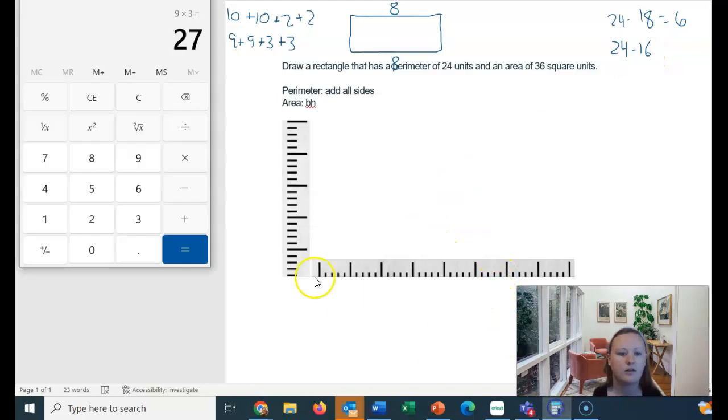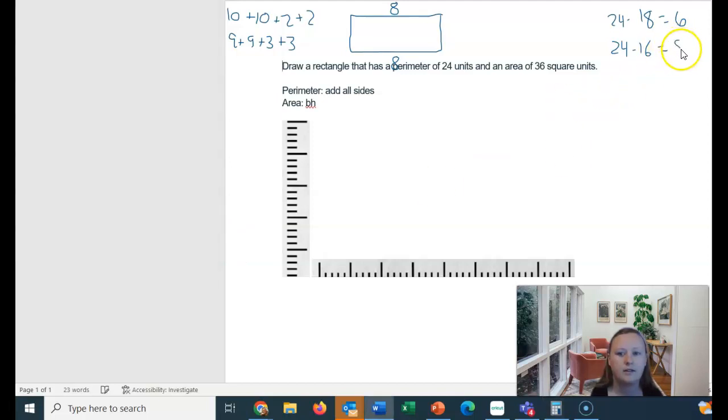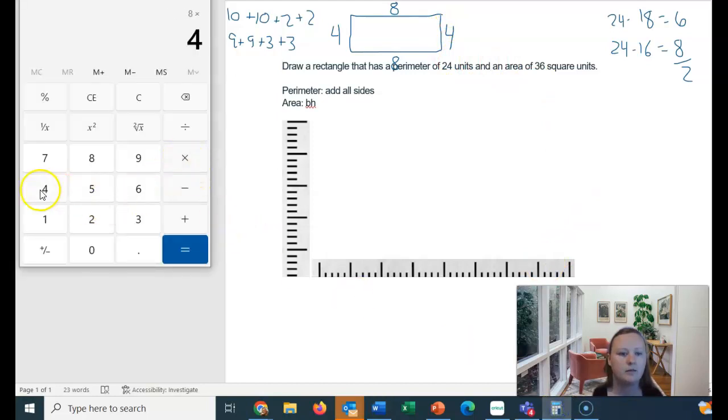Let's get out our calculator. 24 minus 16 equals 8. We need to find half of 8. Divide by 2, which is 4. So let's do that. Is 8 times 4 36? Let's see. 8 times 4 equals 32.